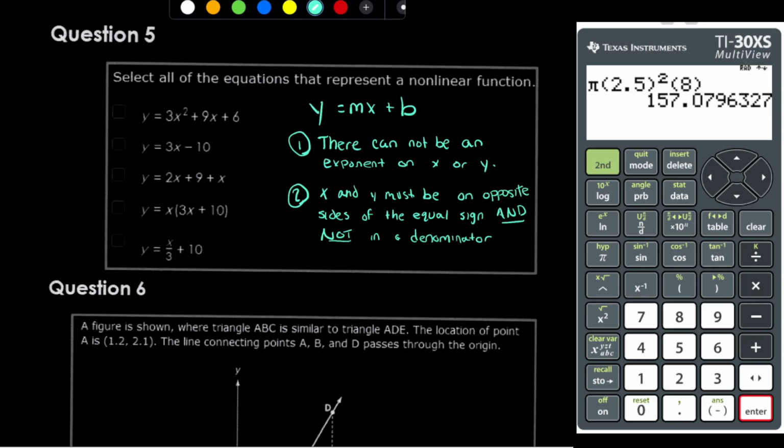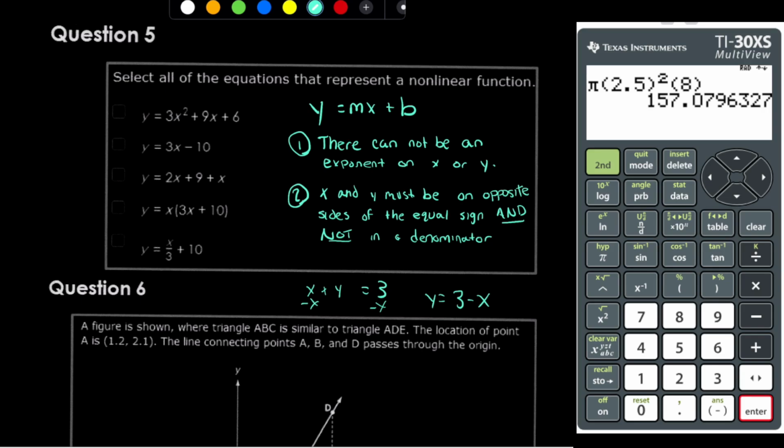If they give you an equation like x plus y equals 3, you can make that into a linear equation by moving the x over, and you would end up getting y equals 3 minus x. And that's a linear equation. So if you have a situation with rule 2 where x and y are on the same side of the equal sign, then see if you can move it over without putting x or y in a denominator.